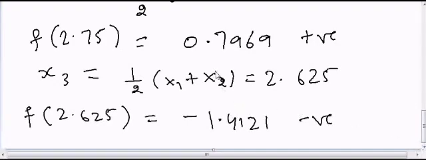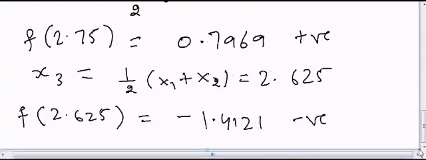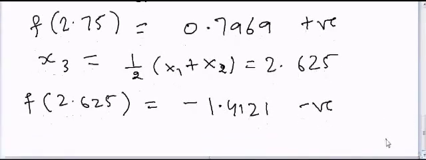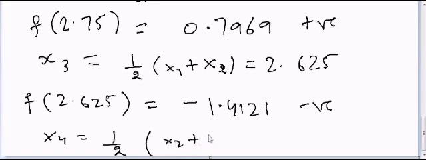If I don't try to go beyond this, my answer will be most closely x4 is equal to 1 by 2 of x2 plus x3, and that will be equal to 2.6875.